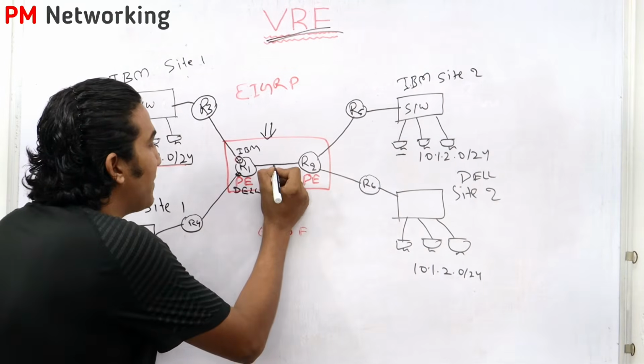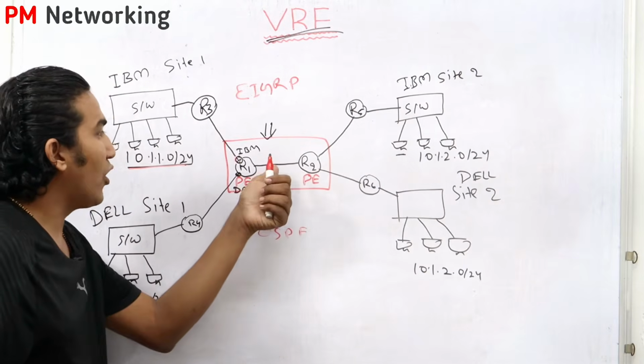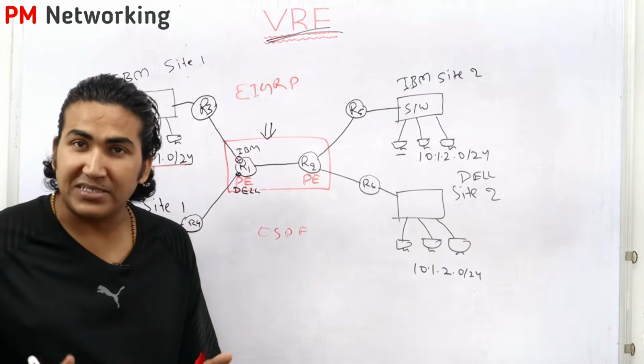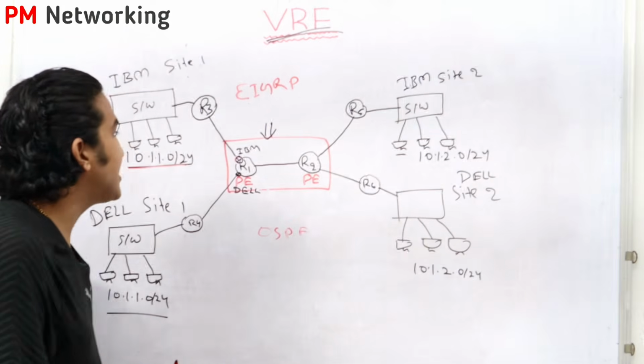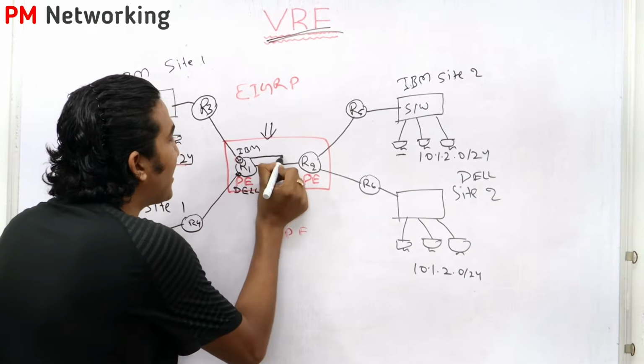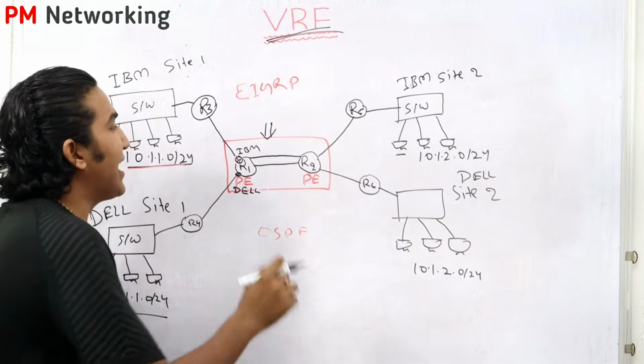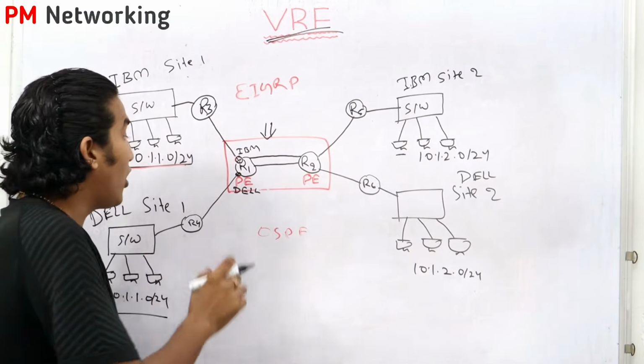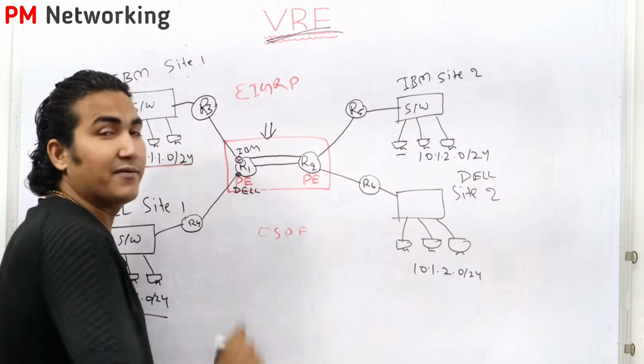Now here again the problem is we have a single link. How will we differentiate the traffic? For now I am just going to connect one more link between router 1 and router 2. After that I will make you understand how a single link will work.